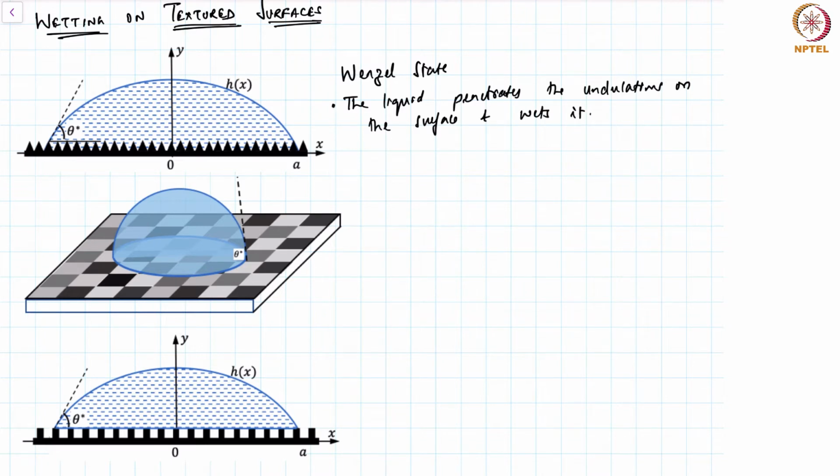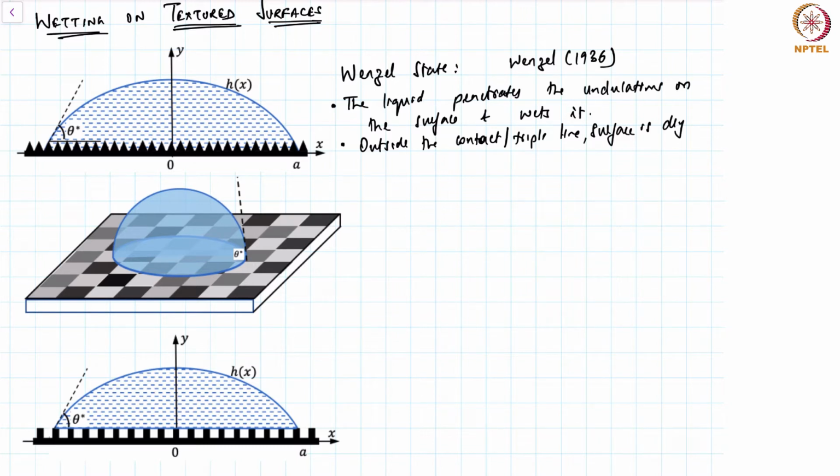That's the first point. And the second thing is that outside the contact line, the triple line around the boundary, the surface is dry. This was observed by Wenzel, I believe in 1936. He proposed a model for this state.